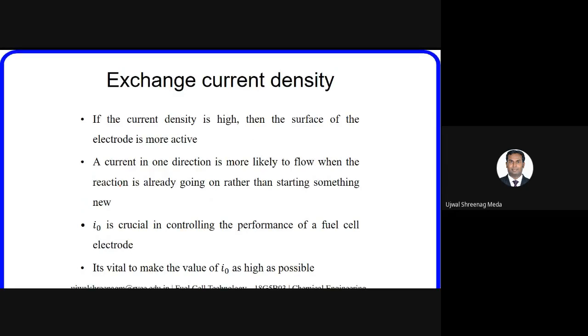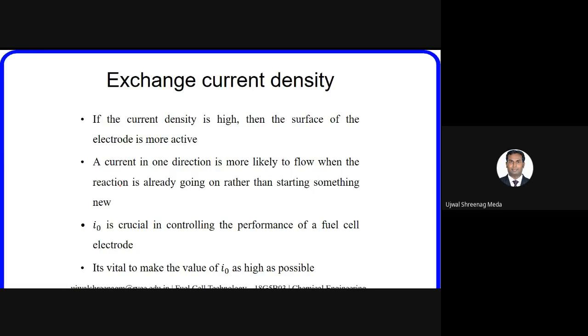That means if the reaction starts only when the current is being drawn from the load, it can't be that fast. But if the reaction is already taking place, just directing that reaction in a required direction will definitely be faster.